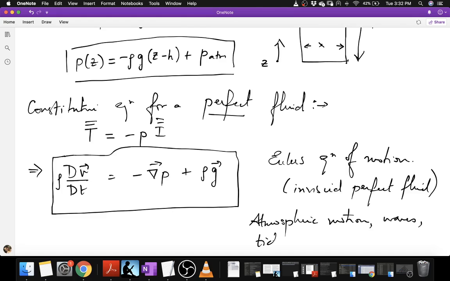It was used to describe tides quite early. However, these applications didn't take place in Euler's time. In Euler's time, we were mainly concerned about flow through a pipe. So Euler's equation didn't find its natural domain of application during Euler's lifetime.